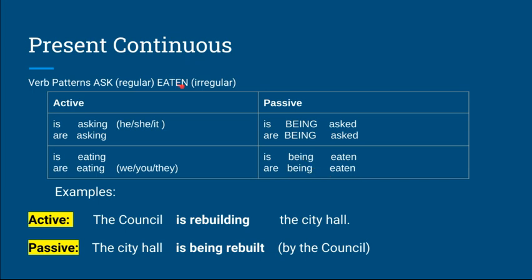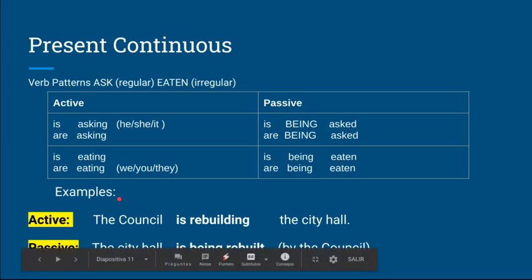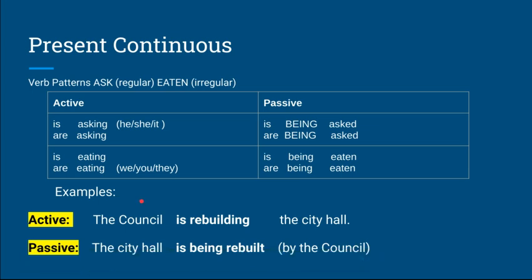Because here I forgot to remove the en. Some examples. The active: the council is rebuilding the city hall. The passive: the city hall is being rebuilt by the council. We always can omit that information in brackets.